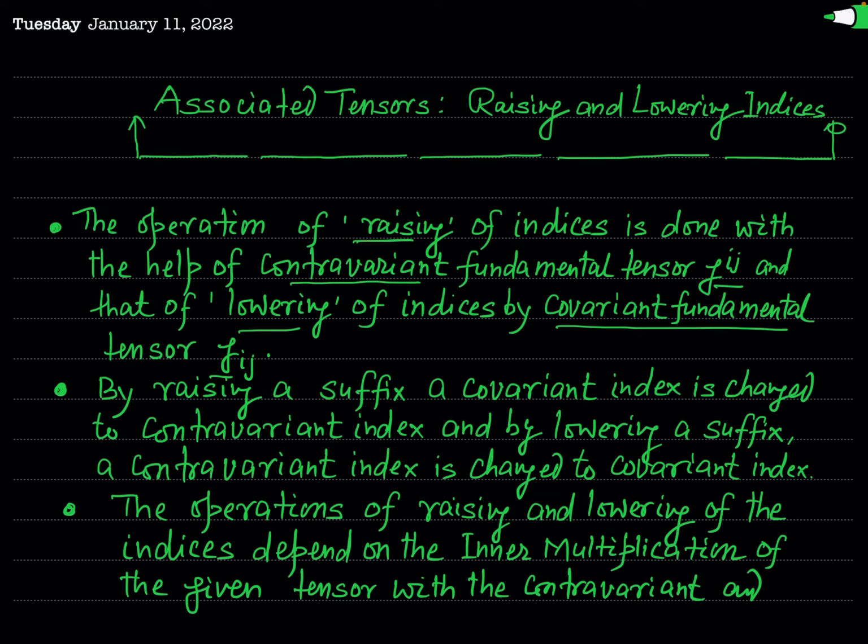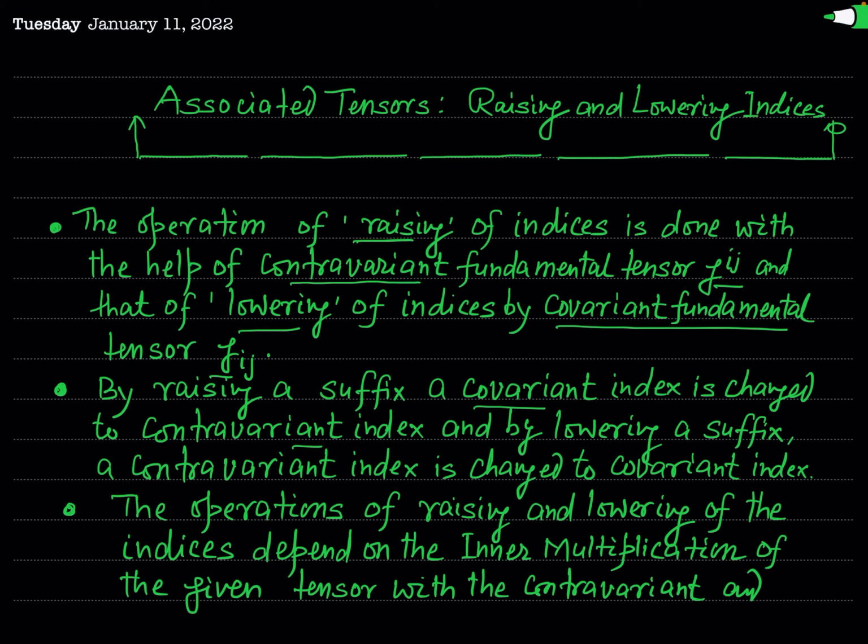Whenever a suffix is raised, a covariant index will change into a contravariant index, because the superscript is known as a contravariant index and the subscript is known as a covariant index.